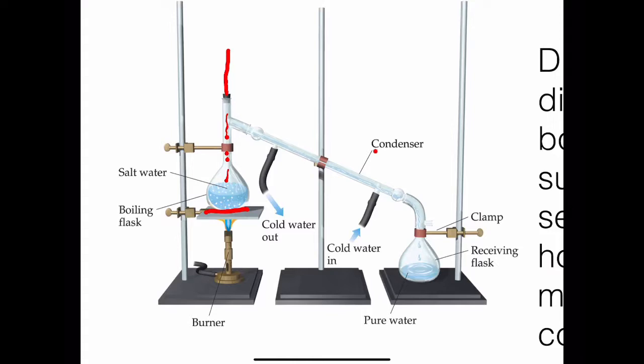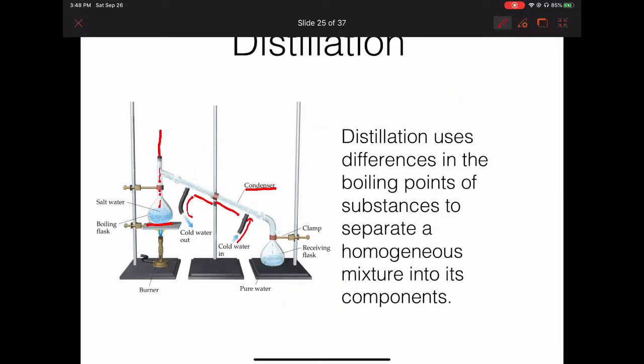Now what we have here is what's called a condenser. In the condenser, we have cold water working its way in the tube at the bottom and then working its way up this chamber to then come out the top. Now, why doesn't the cold water come in the top and out the bottom? This condenser is actually a chamber within a chamber.